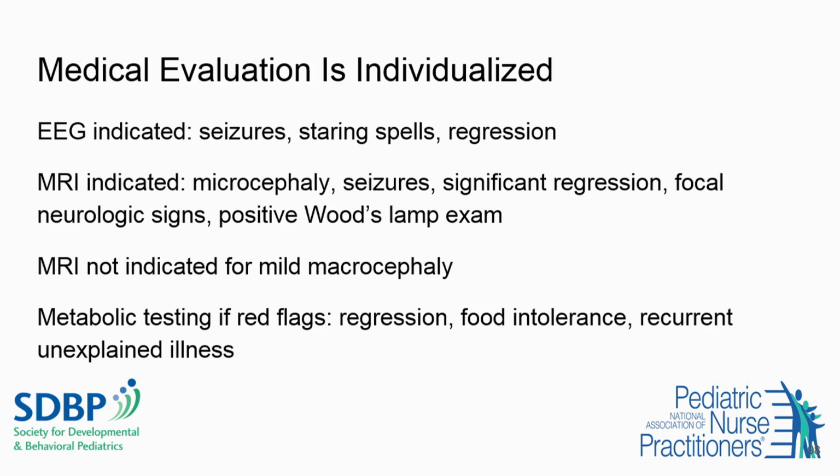On the other side, there's high rates of false positive results, and you end up chasing your tail for a number of patients, and so there's a lot of controversy on when to order. But certainly if there are red flags like regressions, seizures, not tolerating certain foods, really having decompensation or regression during febrile illnesses, these would all be triggers for making you think about metabolic testing.